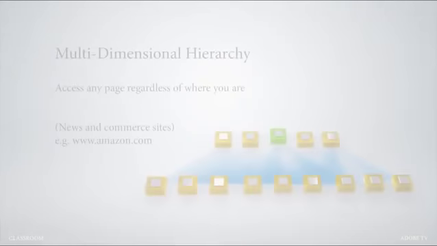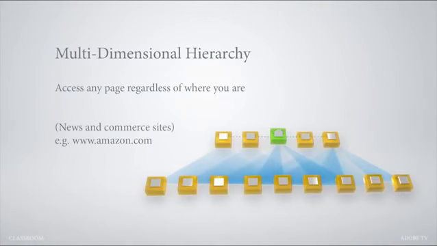Really, compared to sort of a multi-dimensional hierarchy, is really easy to work with because you can access any page regardless of where you are. Okay, so that works out well. Again, if you have a lot of content, it might get kind of confusing, but that's your goal, is to enable your users to get to the content as easily as possible. So whatever that content is, you have to make it easy on the user.